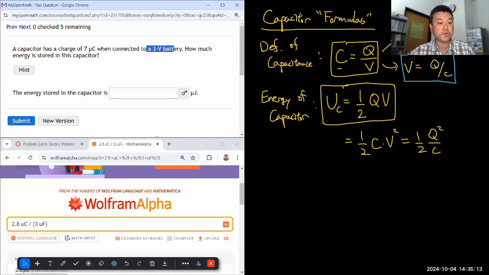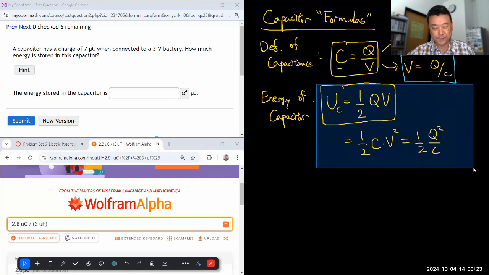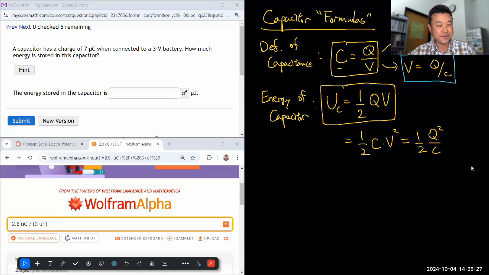How much energy is stored in the capacitor? I would start with these three energy formulas for a capacitor and then see which one I should use. I'm not being given the capacitance of the capacitor, but fortunately I have charge and V, and I have a formula that involves just charge and V.